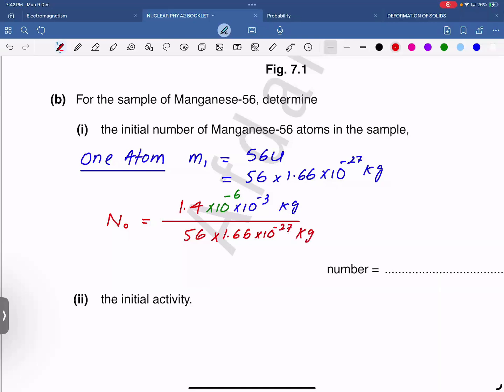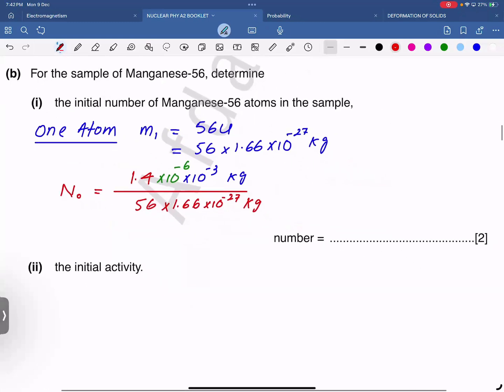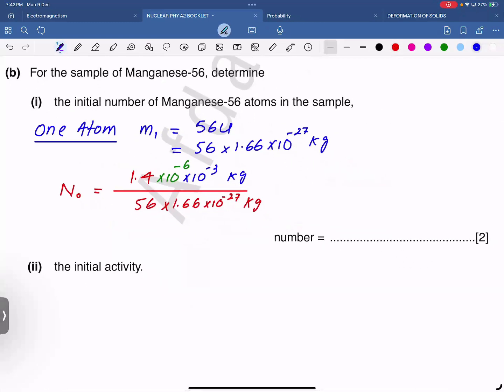Last time I also told you, whenever you want to relate the number of atoms with mass, you first need to find the mass of one atom or one nucleus. We found it, then we divide total by the one. You will get the answer, which is 1.6 into 10 power 16, my dear students.